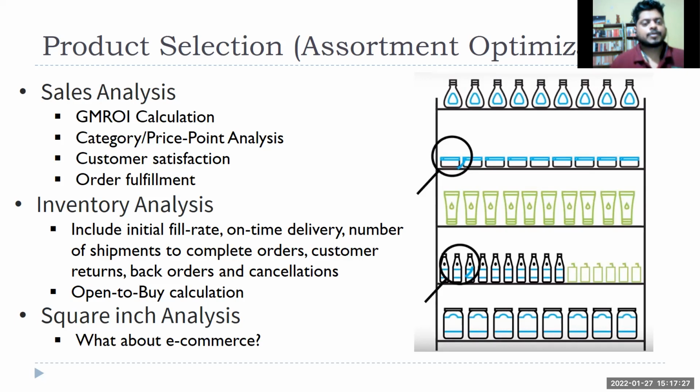So that is where we calculate something called open to buy, or OTB calculation, right? If some of you have taken retail management, all these concepts might have been or will be covered in detail. But it is important from the supply chain side also, because OTB depends on the inventory you have, how much sales you are planning, and how much you are ordering from a supplier, how much you are going to purchase.